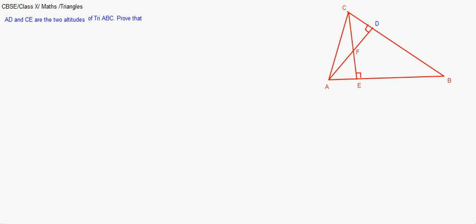What are we going to prove? We're going to prove first that triangle AEF is similar to triangle CDF. Then we have triangle ABD similar to triangle CBE.